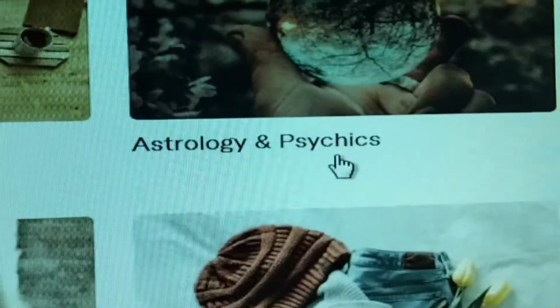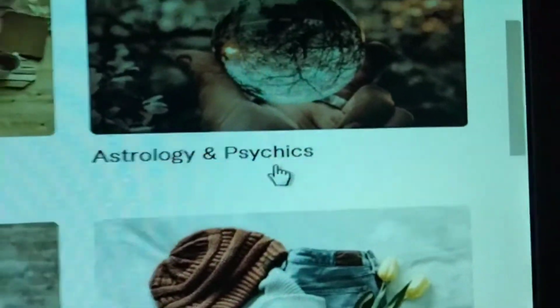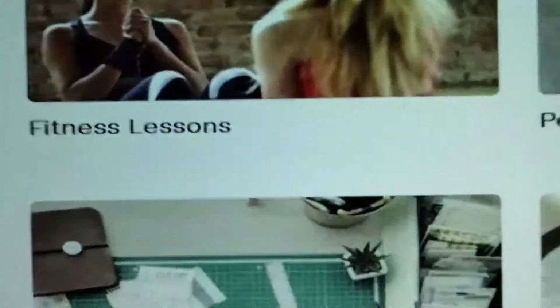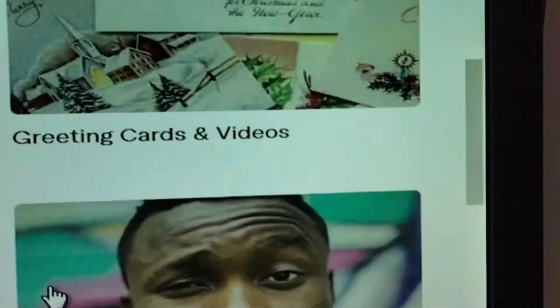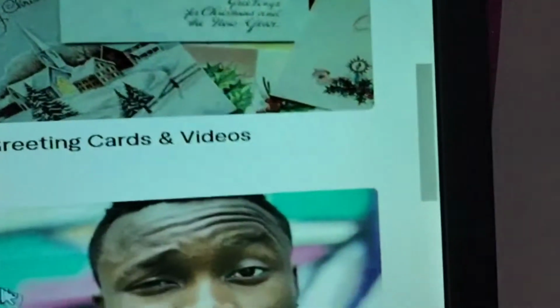This is astrology and psychics. This is life coaching, fitness lessons, personal styles, cooking lessons, craft lessons, a whole lot of them. There is no service that you can't find on Fiverr, and you can create gigs around them and just sell.